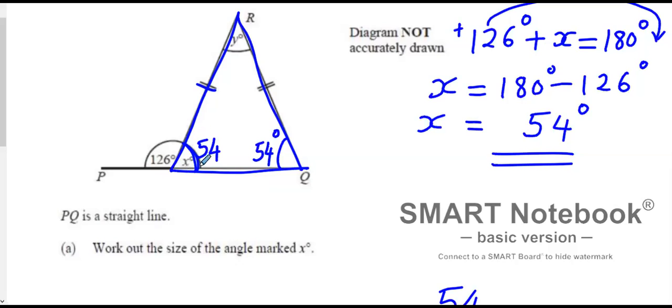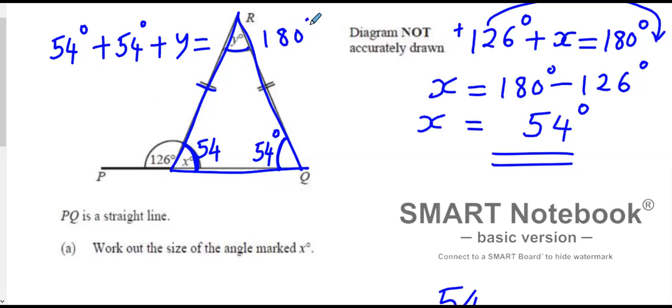So what we basically do is take this angle, which is 54 degrees, plus again this angle, which is 54 degrees, plus this missing angle, y, that will give you 180 degrees. So you do 54 plus 54, this will be 108 degrees, plus y, that will be equal to 180 degrees.